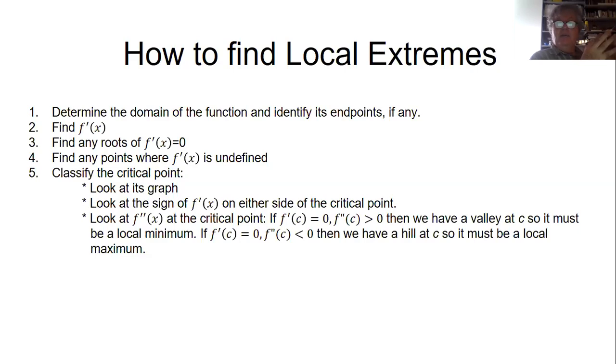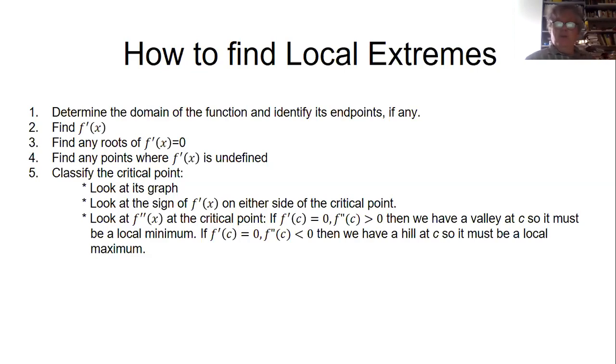And the other thing you can do is look at the second derivative. If the first derivative is 0 and the second derivative is positive, that means you have a valley at c, so you must have a min. Whereas if it's flat and the second derivative is negative, you have a hill, so it must be a local maximum.